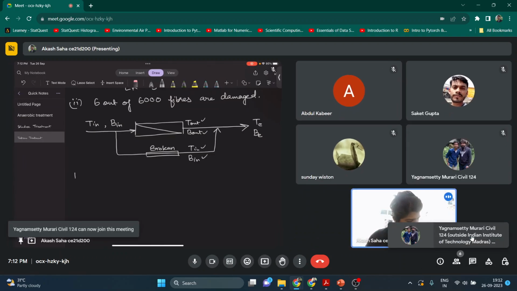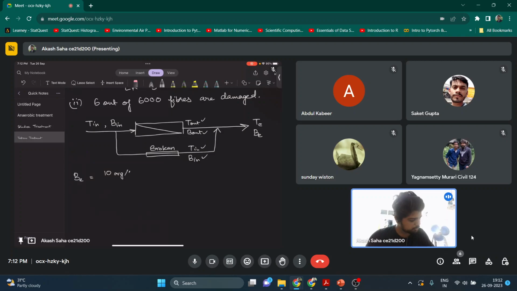Now my new BE will be equal to the part which is getting removed, 10 microorganisms. How much of the flow was intact? It was 0.999, because 99.9% of the flow was fine. So 0.999 plus how much was damaged: 10 to the power 6 organisms per liter into 0.001.